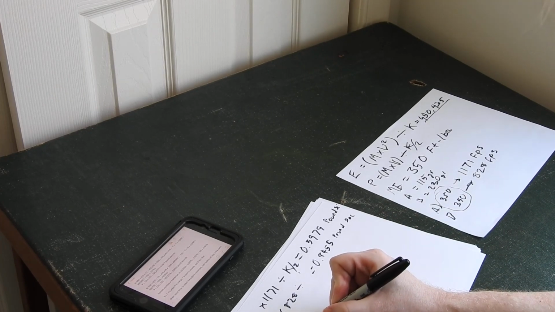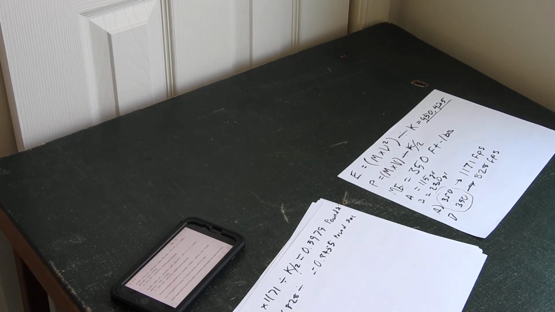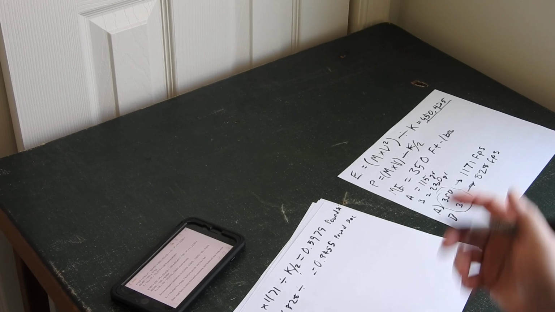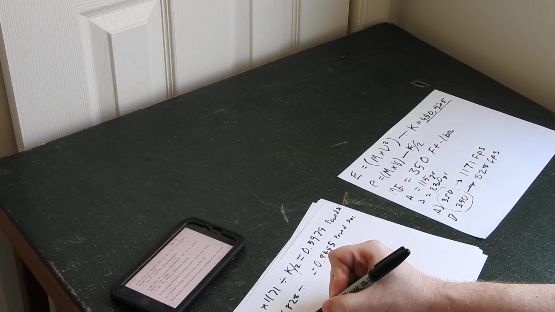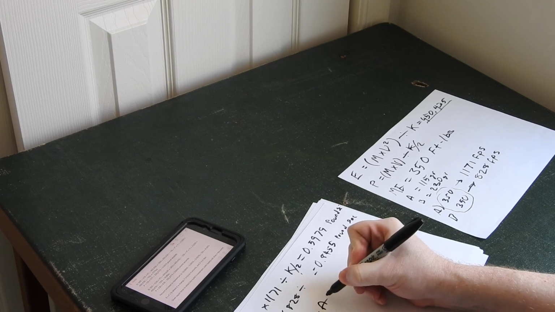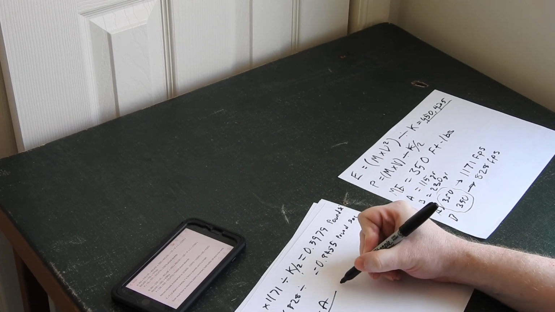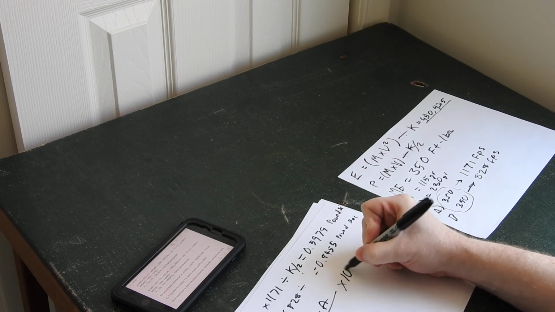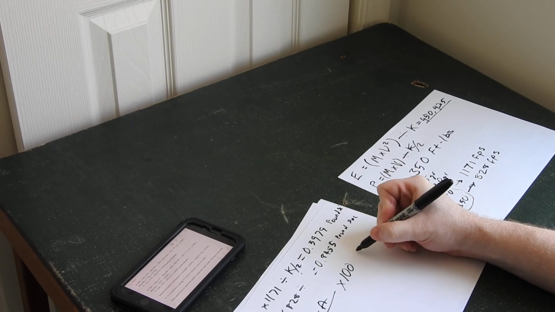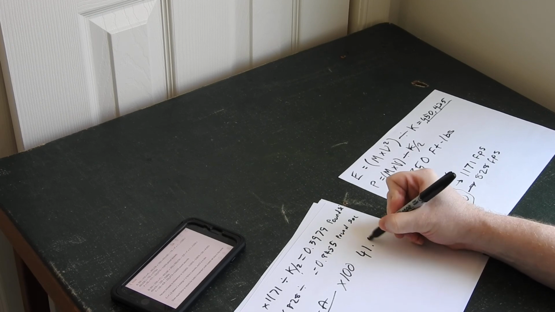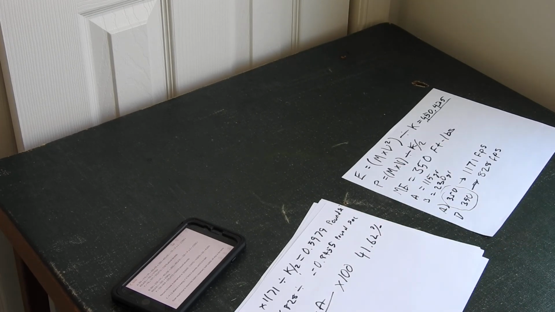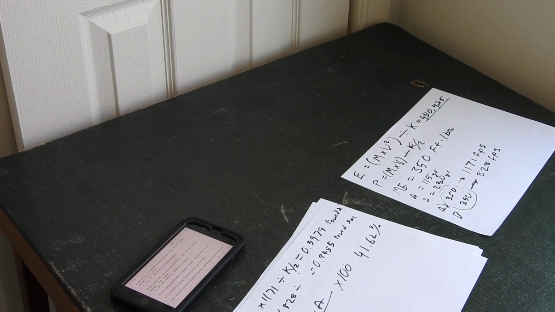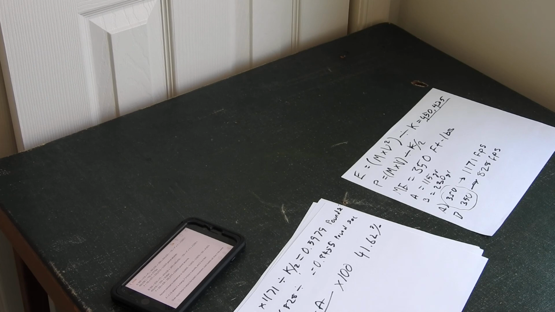If we go with the increase of momentum from the 115 grainer to the 230 grainer, it would be essentially B minus A over B, multiplied by 100 to turn it into a percent figure, and it comes out to 41.62%. So you get roughly 40% more momentum out of the 45 than you do out of the 9mm at the exact same energy in foot-pounds.